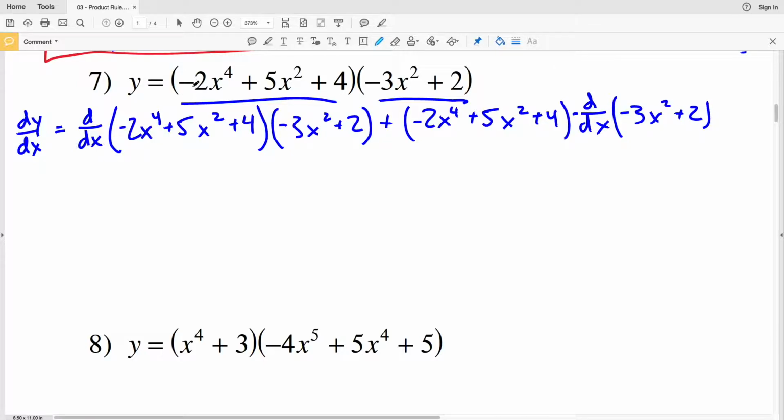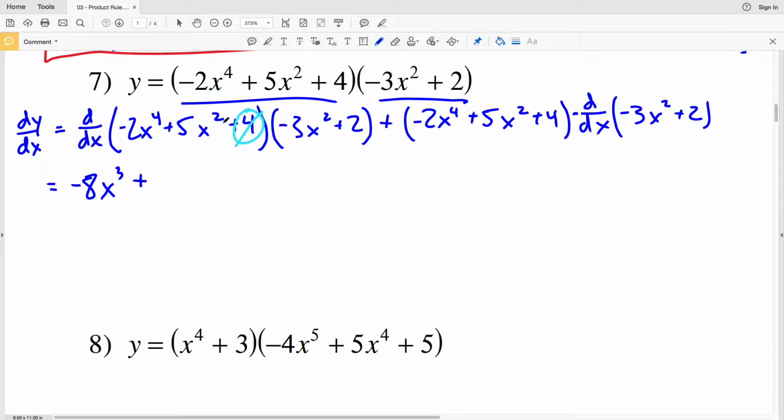Finding the derivative of that first function, we know that the constant will become 0. So the derivative equals negative 2 times 4, which is negative 8 times x to the 4 minus 1, which is 3. Because of the power rule, negative 2x to the fourth will become negative 8x cubed.